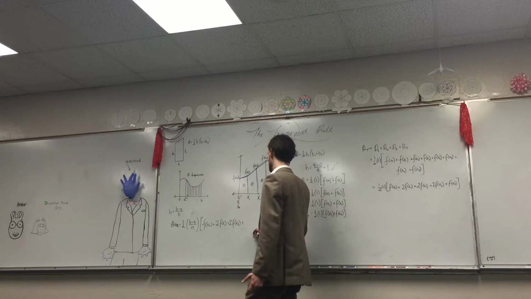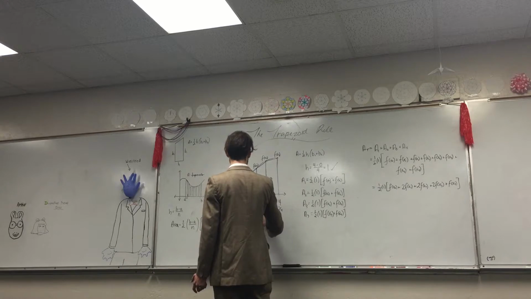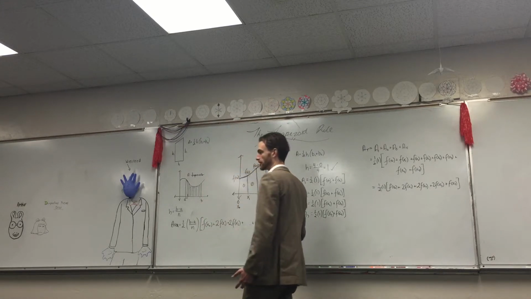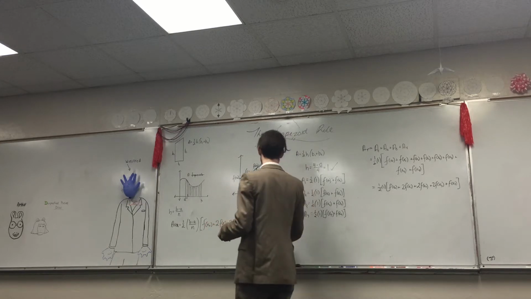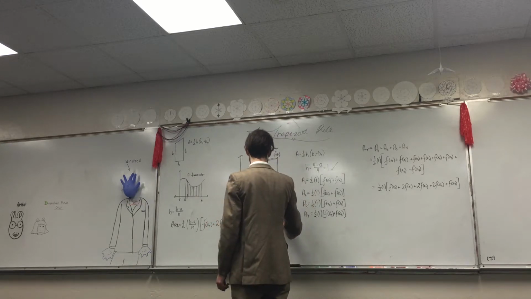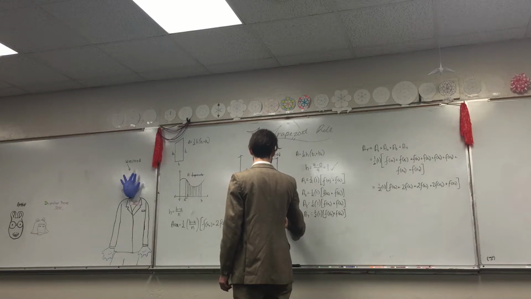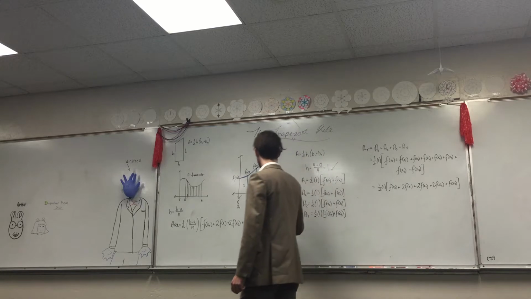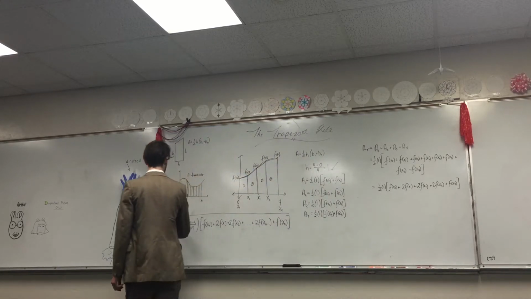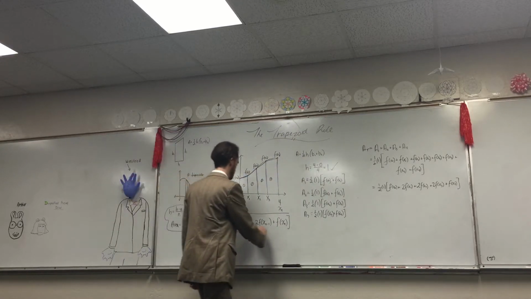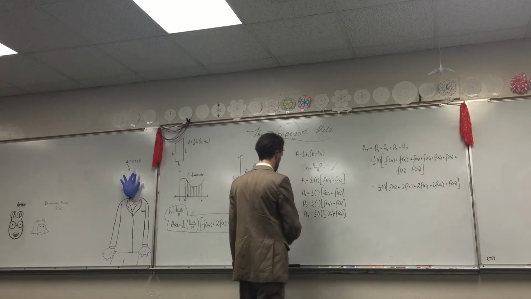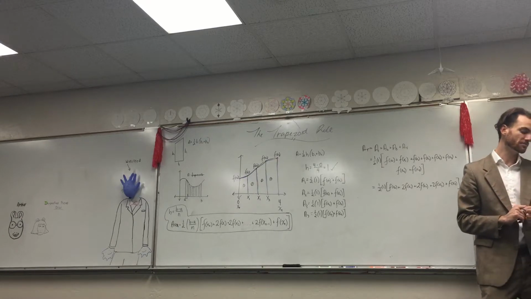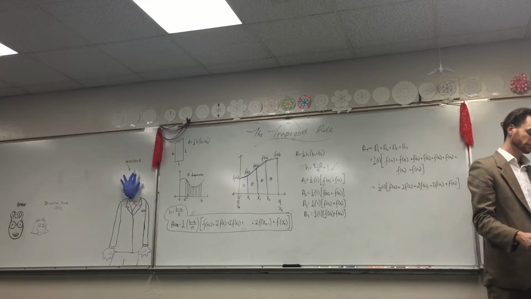So plus 2 times f of x n minus 1, just to show that the one right before the n is also doubled. Plus f of x n, because the last one doesn't have a 2. So this right here is your general equation for solving for the area under the curve with the trapezoid rule.